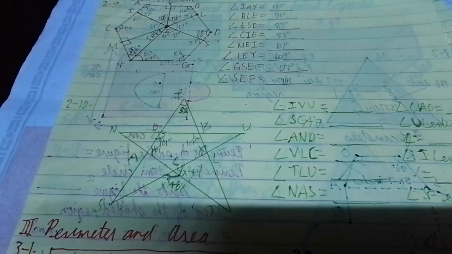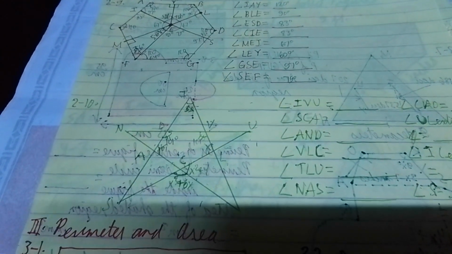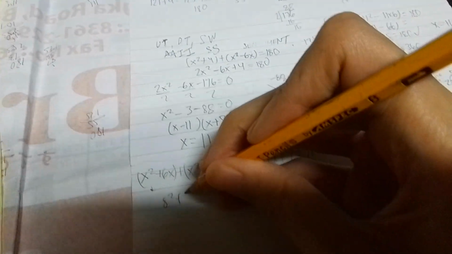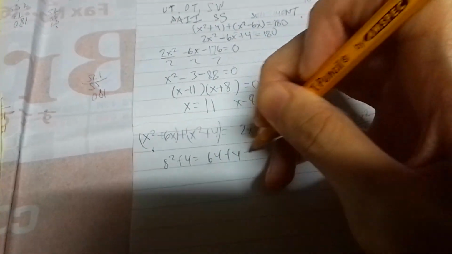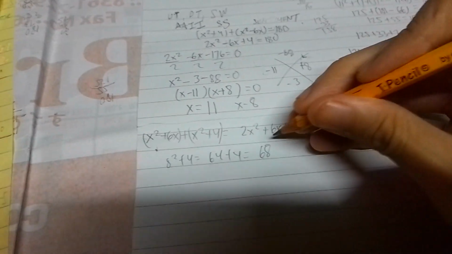Now let's input it to our values. For x squared plus 4, that's 64 plus 4, which gives you 68.